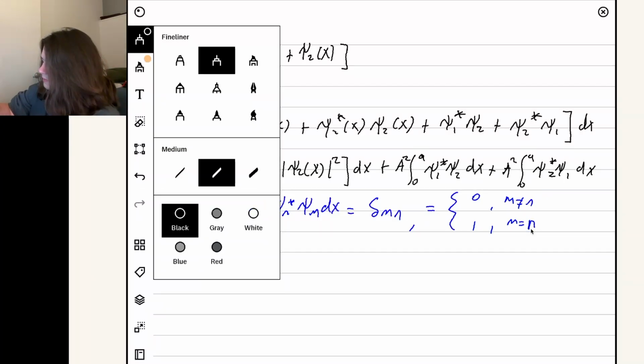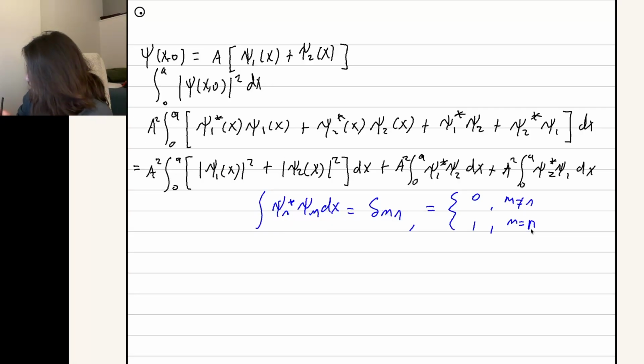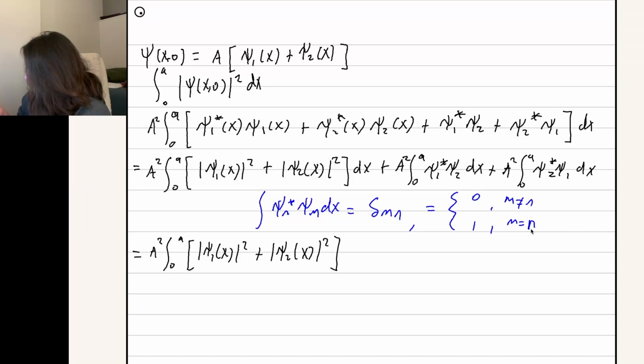So going back to our integral, we can rewrite the terms on the end as a squared Kronecker delta 1, 2 plus a squared Kronecker delta 2, 1.